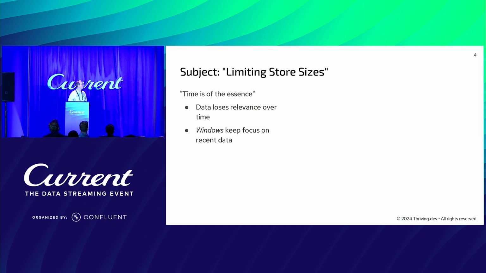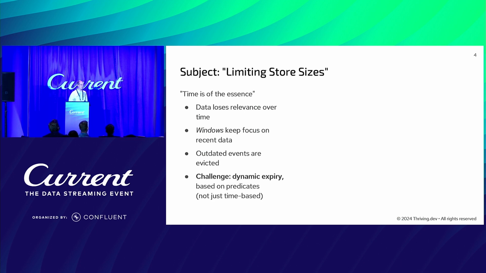There are certain practices, like working with windows, where you keep focus on recent data or on specific frames of data you want to work with and aggregate, for example. But they cannot fulfill all sorts of requirements. Usually, if data loses relevance, outdated events are evicted. It's the nature of TTL, time to live.